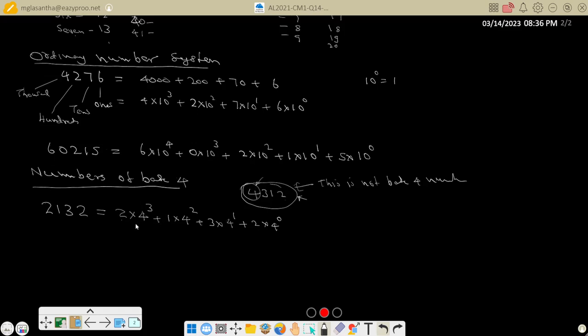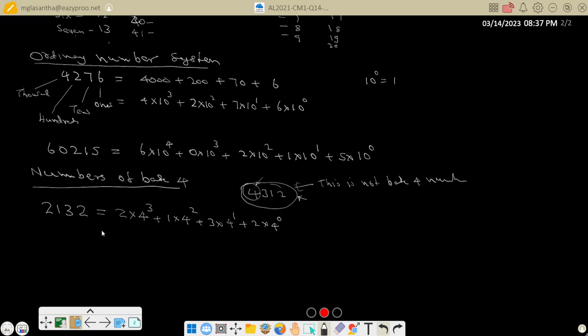For a base 4 number, the place values always form powers of 4, right? Powers of 4.